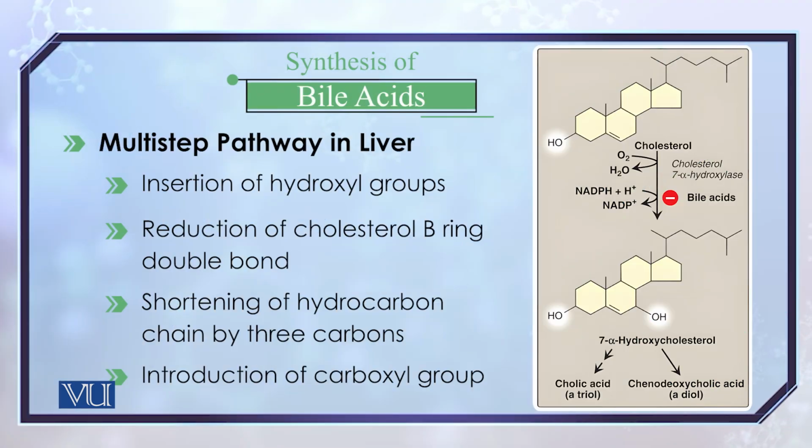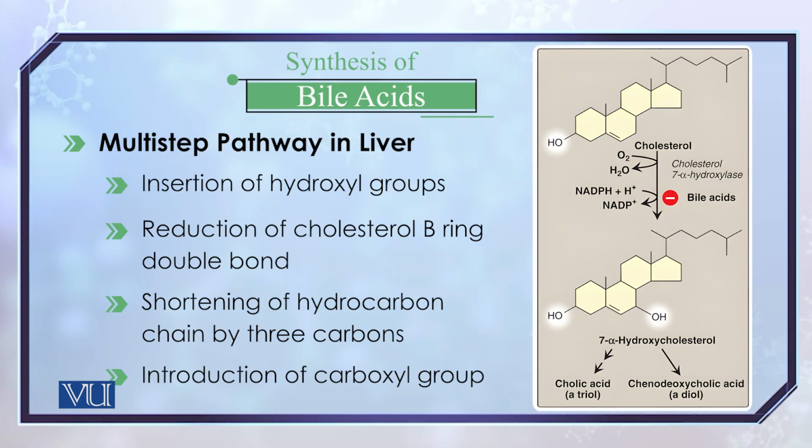As far as the synthesis of bile is concerned, it's a very complex multi-step process. It involves the reduction of the cholesterol double bonds, shortening of the hydrocarbon chains, and introduction of the carboxyl group.